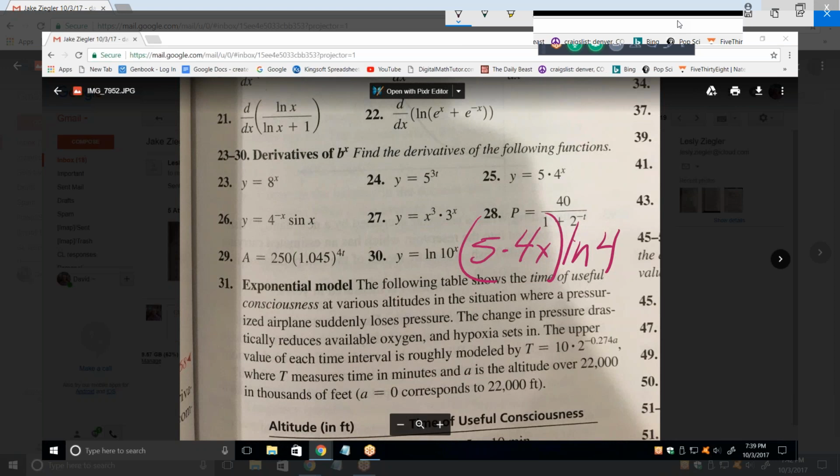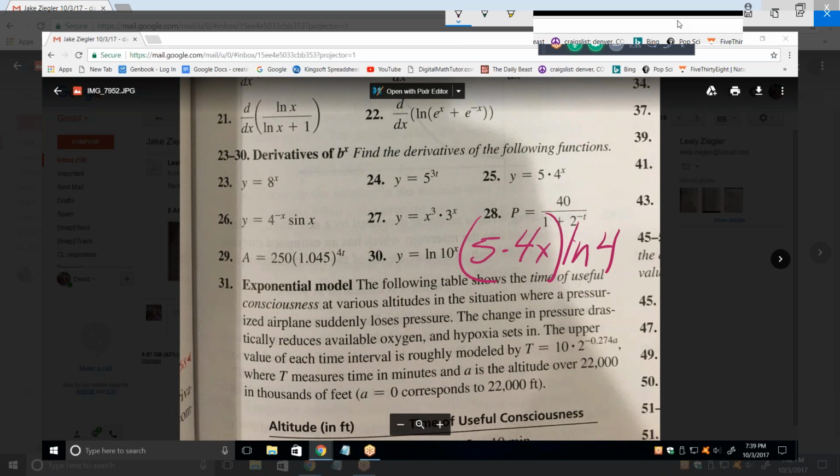You ask a very good question, and we can figure out what the answer is by applying the product rule. Let's see if we get the same thing. That's what I think the answer is. But let's apply the product rule. In other words, we have 5 times 4 to the x.